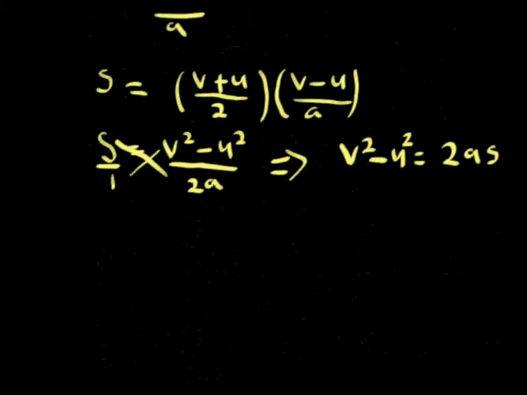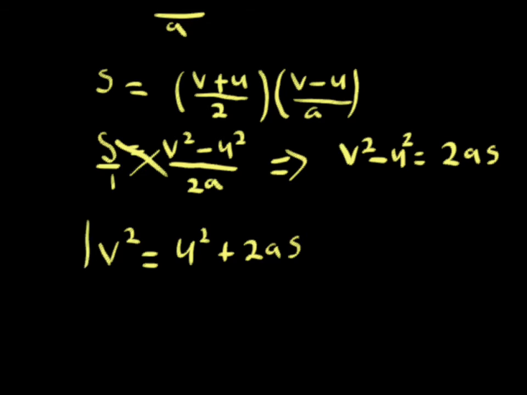Now we want to move the u square over here, and it becomes what? Positive. So v square in the end gives us u square plus 2as. And this would be our last formula for rectilinear motion.